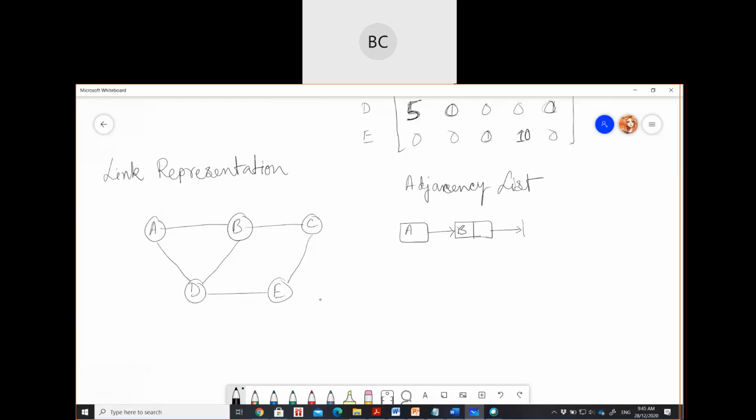It's just that from A you can go to B and D. Okay, there is no link here. Next is your node B. So from B, where can you go? A, D, and C. So you just need to write all the adjacent nodes from where you can go from B.